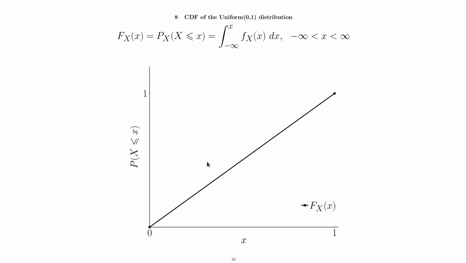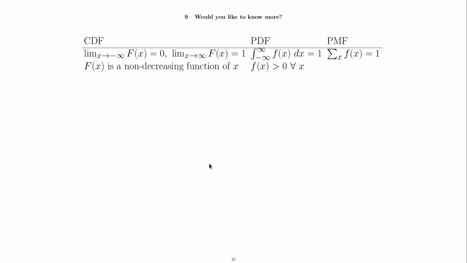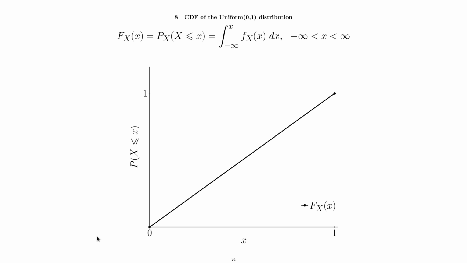All right. Very quickly, some of the things that relate the cumulative distribution function to the probability distribution function are the fact that the limit as x goes to minus infinity of F of x equals 0, and the limit as x goes to infinity of F of x is equal to 1. This is for the CDF. Now let's look at this example here.